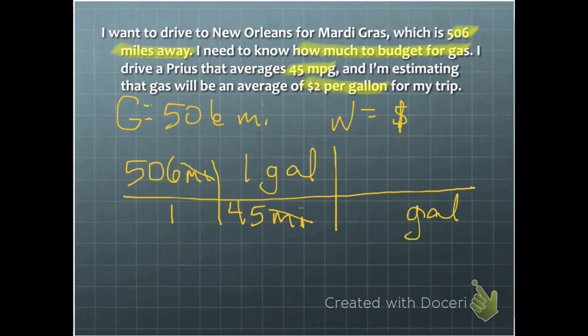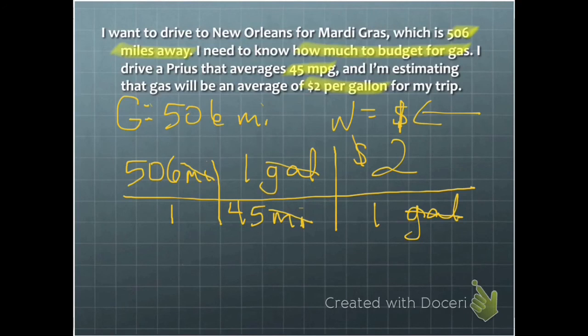So $2 per gallon means that every 1 gallon is going to cost us $2. You're familiar with this one. If you've got a car, you've used this a lot. All right. So I have gallons on top, I have gallons on bottom, they cancel out. This leaves me with just dollars, and that was what I wanted. So I know I've got everything set up right.